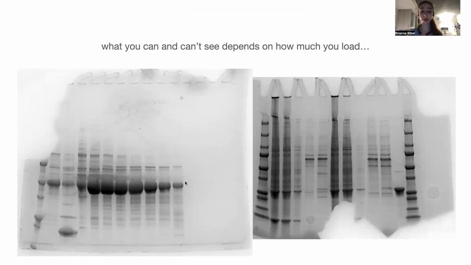If you have a single band, well, now you can more easily overload it. So typically I would say somewhere like 500 nanograms to 1 microgram of a specific purified protein would be what I would add.